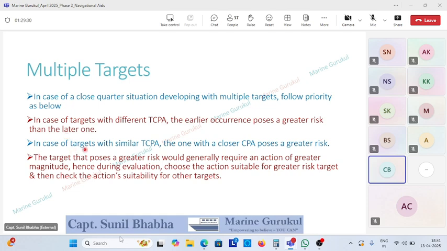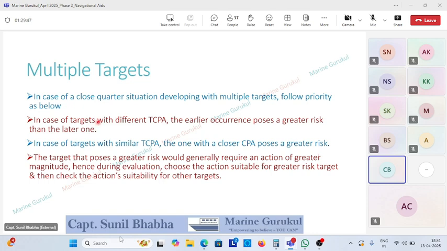Now, in case we have multiple targets with similar TCPA, both the targets or all three of the targets having a similar TCPA, the one with a closer CPA poses a greater risk to us.